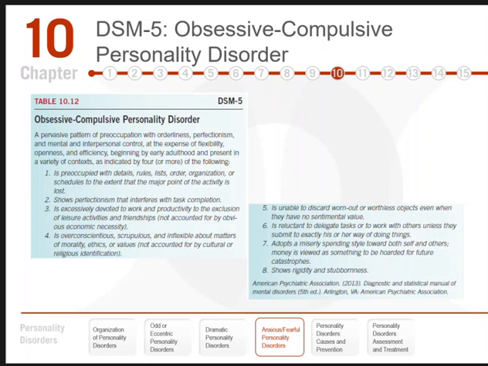I'm not going to read through every one of these, but this one gets mixed up with OCD, obsessive-compulsive disorder, versus obsessive-compulsive personality disorder. Just remember that the difference is it's a pattern of preoccupation with orderliness, perfectionism, and mental and interpersonal control at the expense of flexibility, openness, and efficiency. So it's across the board, too. It's not just in one specific area.